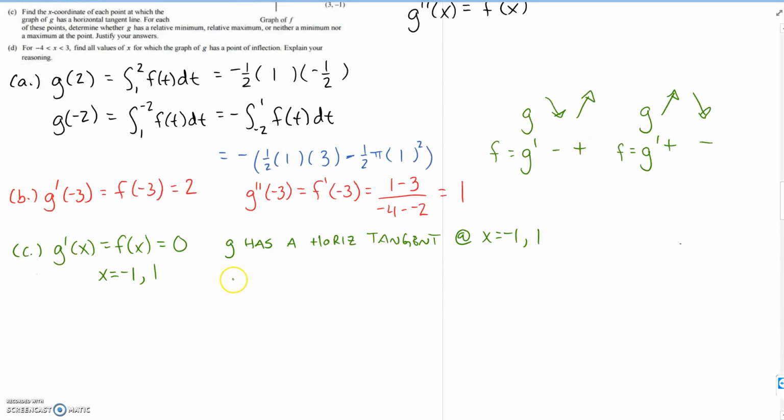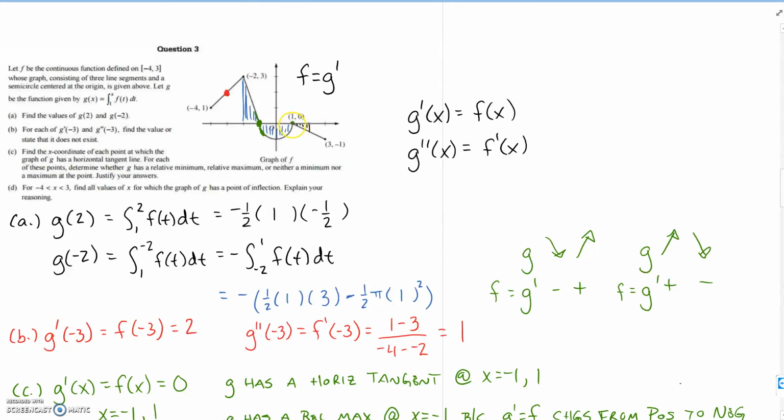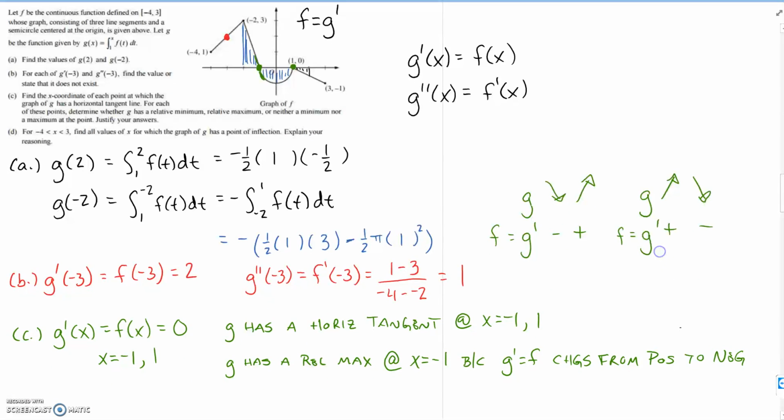So g has a relative max at x equals -1 because g prime, which equals f, changes from positive to negative. Then looking at x equals +1, the values don't change signs.